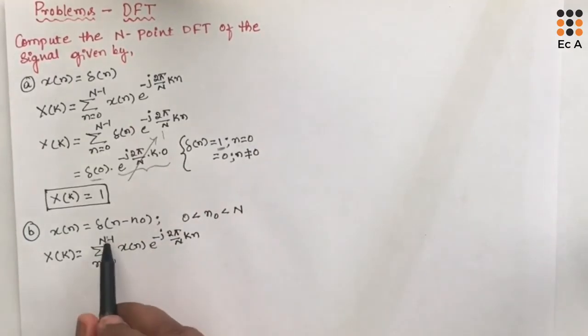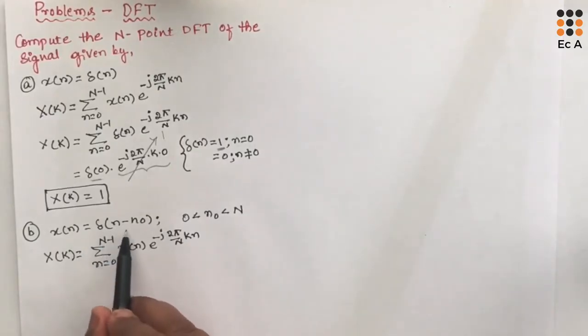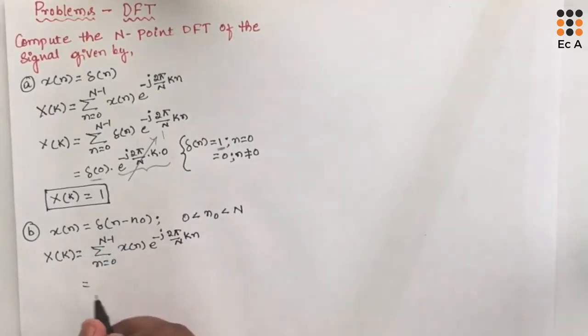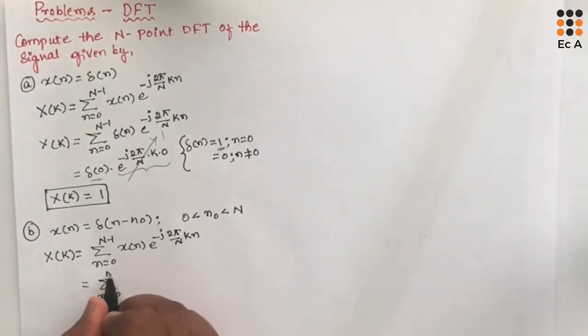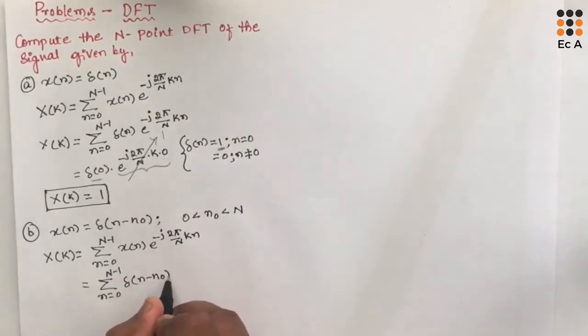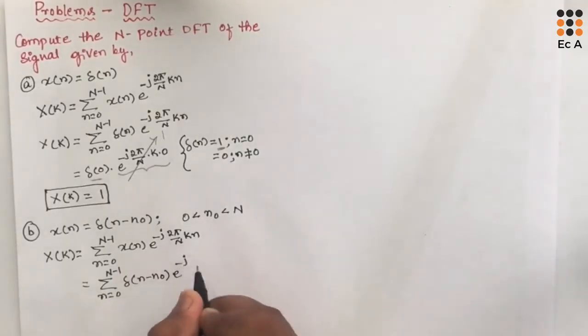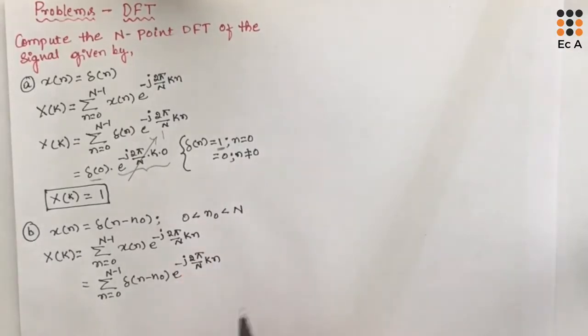In this formula let us substitute x of n as delta of n minus n naught. So we can write summation of n is equal to 0 to n minus 1 delta of n minus n naught into e to the power of minus j 2 pi by n into kn.